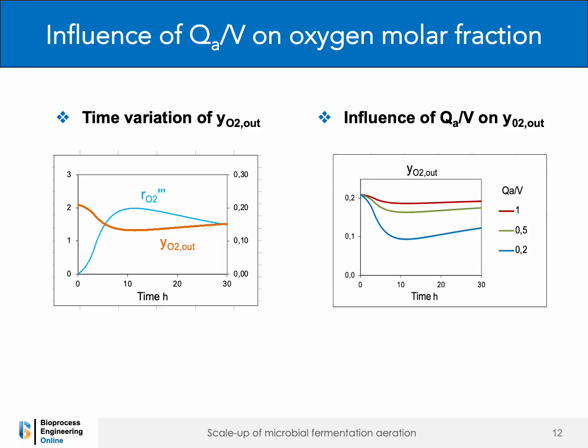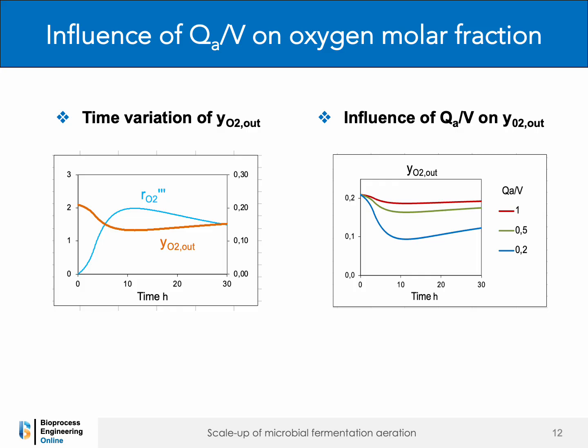What is the influence of the volumetric airflow rate on this time evolution of YO2 out? For the metabolite fermentation illustrated here, with a maximum oxygen consumption rate of approximately 2 grams per liter hour, operation at a volumetric airflow rate, Qa over V of 1, results in an outlet oxygen molar fraction that remains close to the inlet value of 0.21.